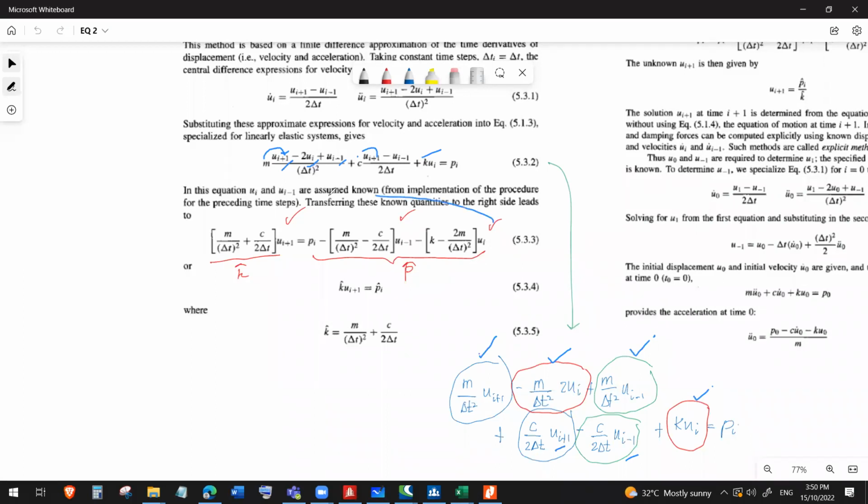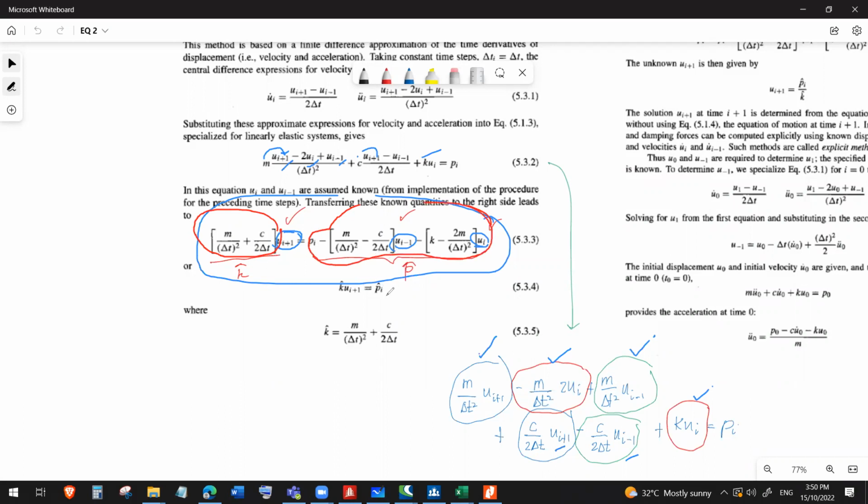Okay. Then combine. So you'll have this. So in-extract natin yung mga multiply sa u i plus 1, u i minus 1, and then u sub i. Now we will now express this whole term here as k hat. This whole term here as p hat.